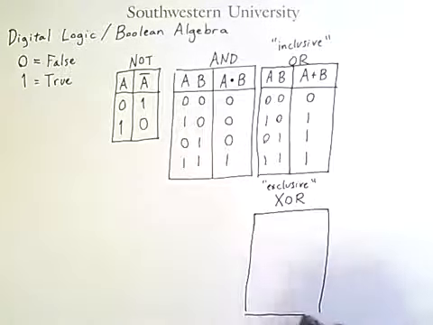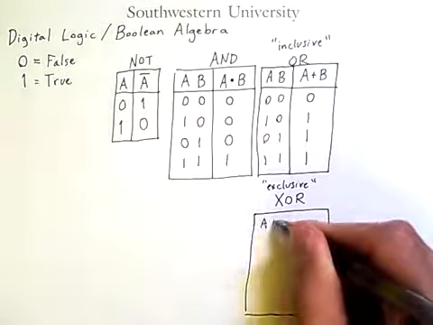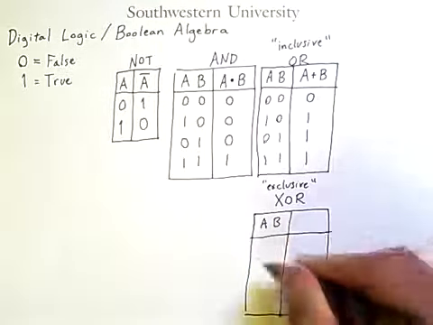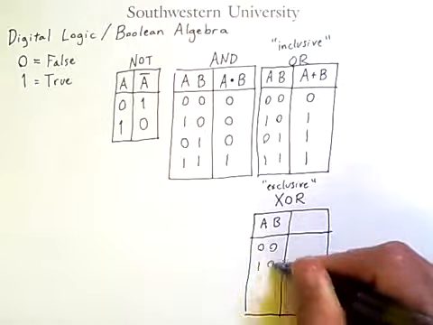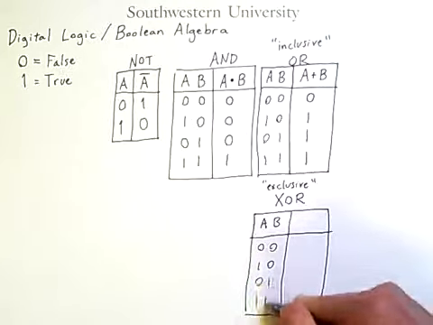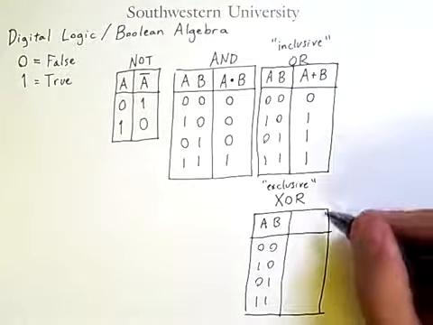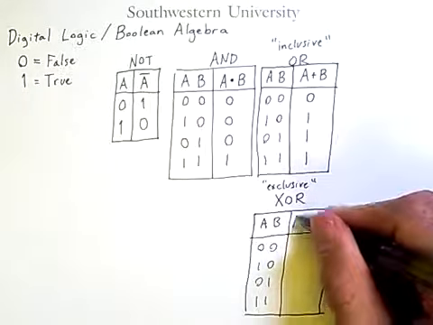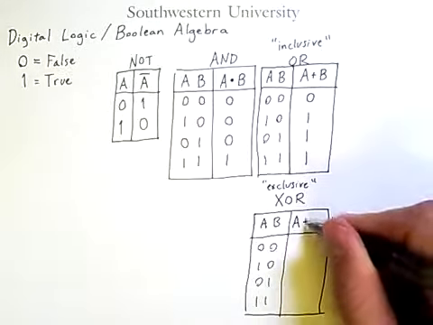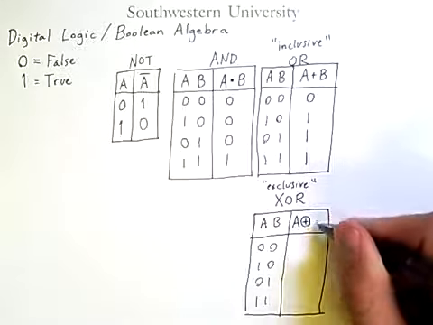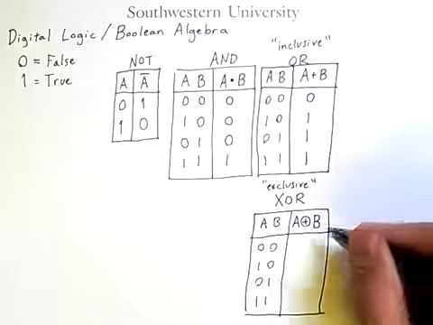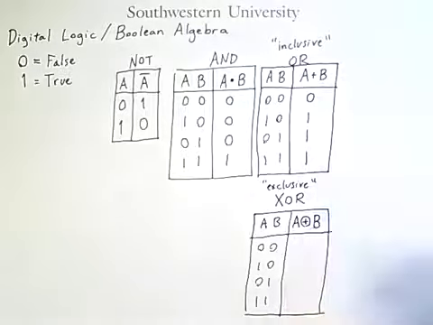First, we'll write out possible values of A and B. And then, to distinguish XOR from inclusive OR, I will use a plus sign in a circle. This is also fairly common, although not a universal notation. It is what we will use in this class, however.